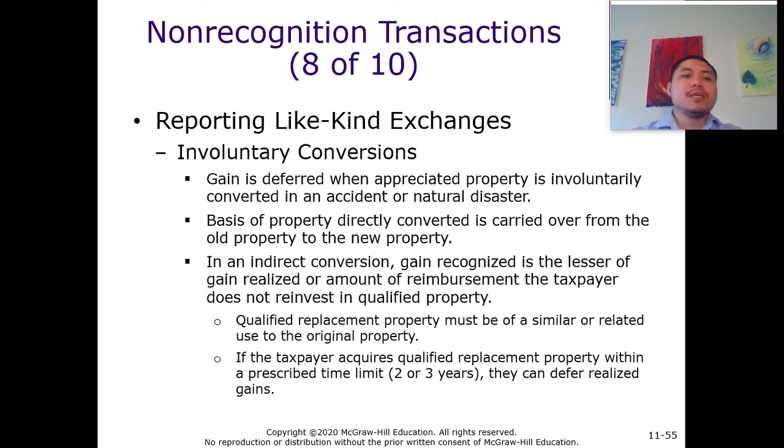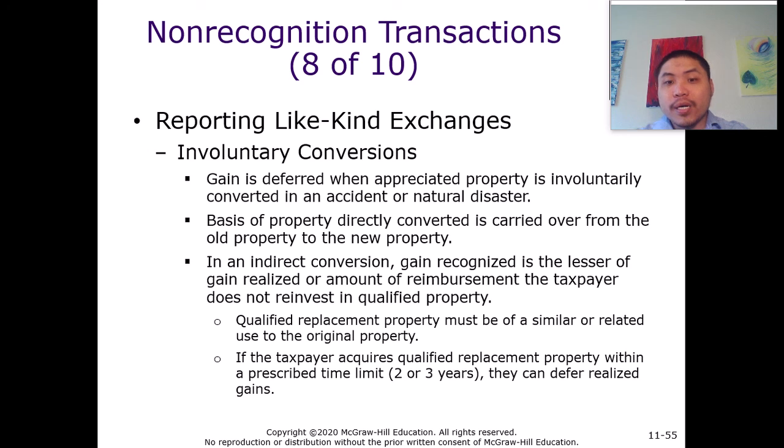In the first case, when the insurance company gives them another replacement piece of land in some other location, that is called a direct conversion. In a direct conversion, the basis of the property is carried over from the old property, the property that has been destroyed, to the new property given by the insurance company.